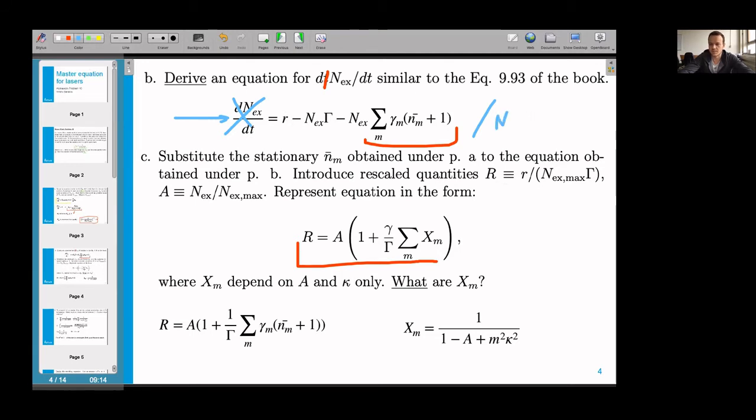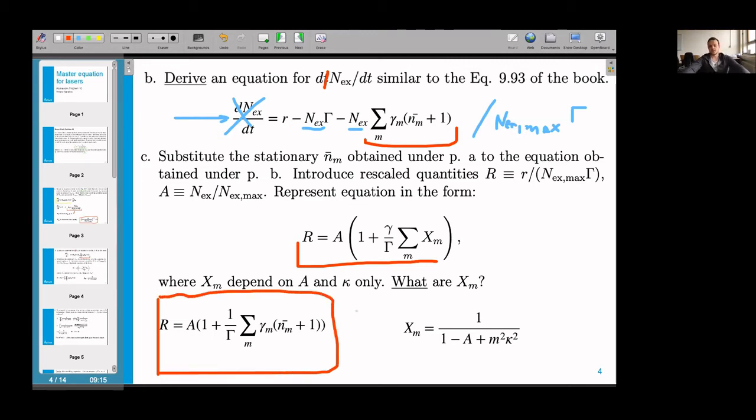We just need to divide by the maximum number of excited atoms times gamma. So we divide the whole equation by this, and immediately we get an R here. We also get an A here, and by combining this term, we end up with this equation here below.